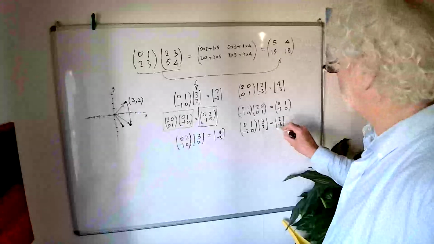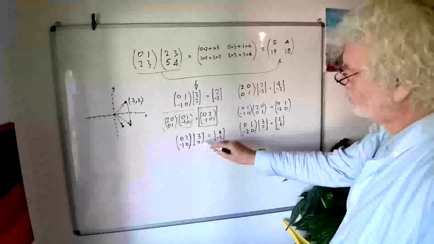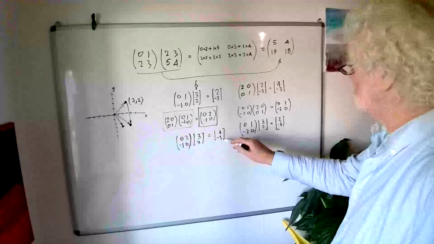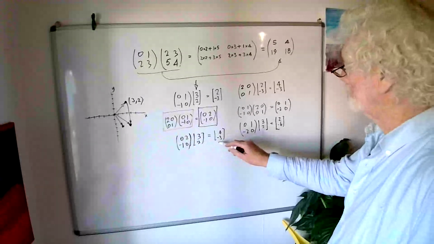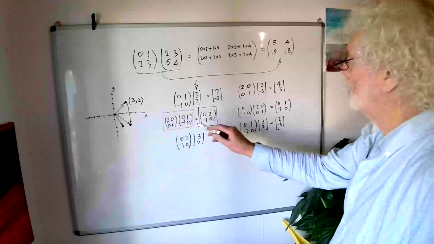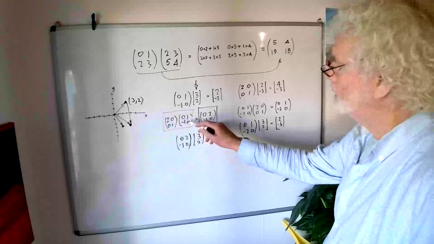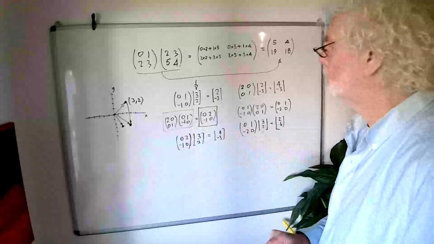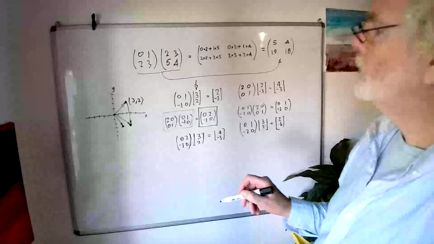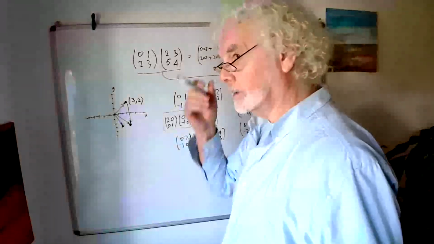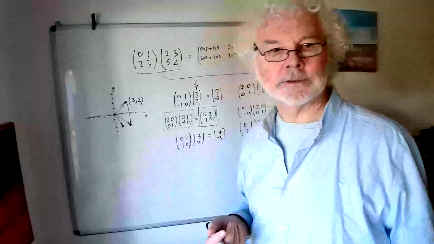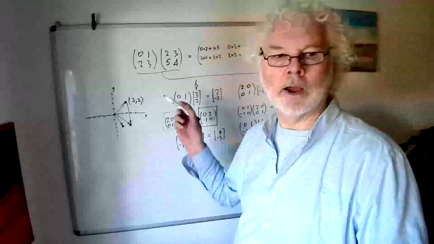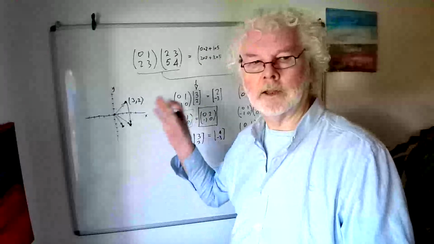So that would be different from what we got when we multiplied them in the first way round. And this is the point of what I'm trying to show you. When you multiply matrices together, the order matters. This is where I was trying to get to with the whole thing.